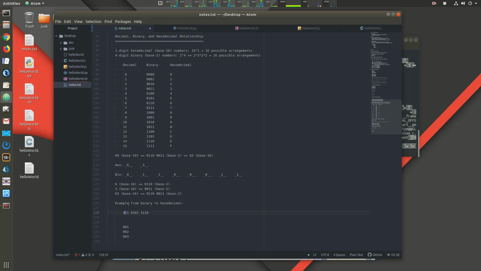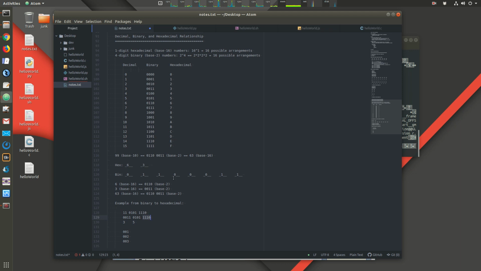And what we want to do is add zeros until we have chunks of 4, chunks of 4-bit numbers. And then we can just pop in a hexadecimal value for each. So we started with this number, and we added zeros until we had chunks of 4, and now we just look up in our chart. 0011 is 3, so this is going to be a 3, and then we have 0101, which is a 5, and then we look at 1110.